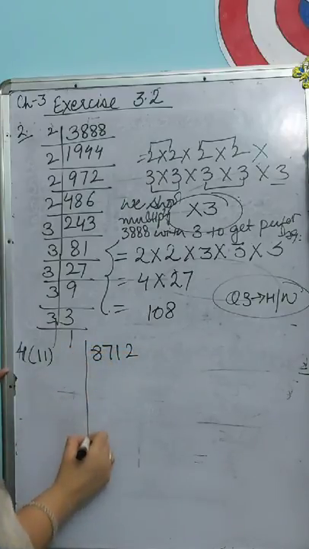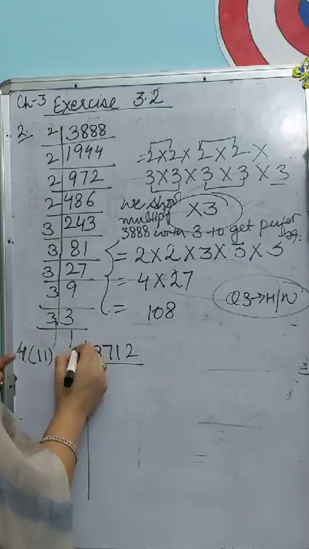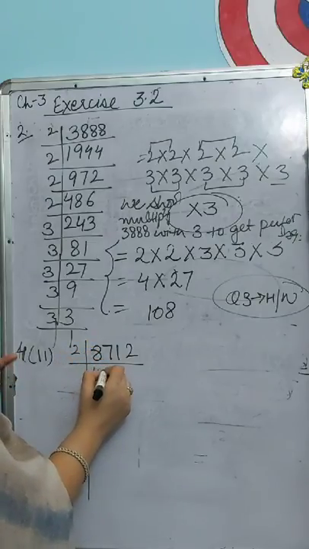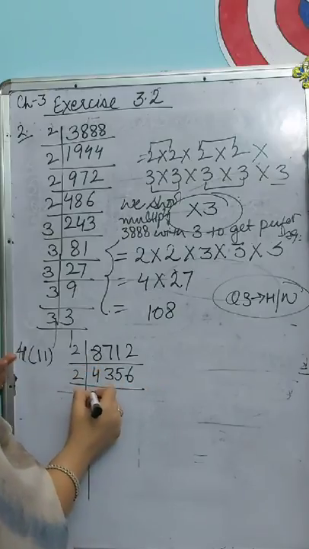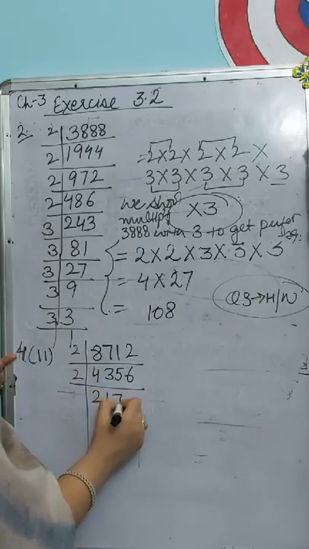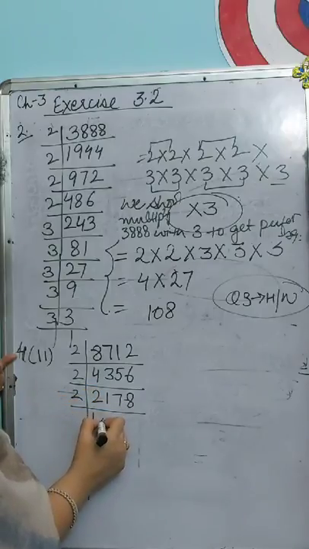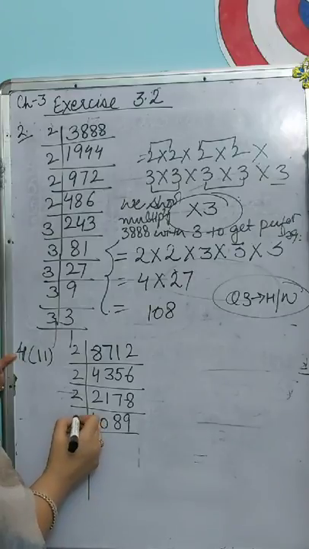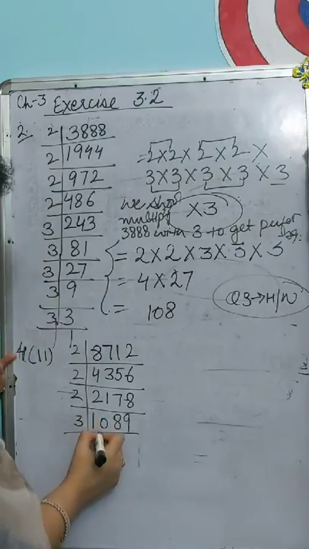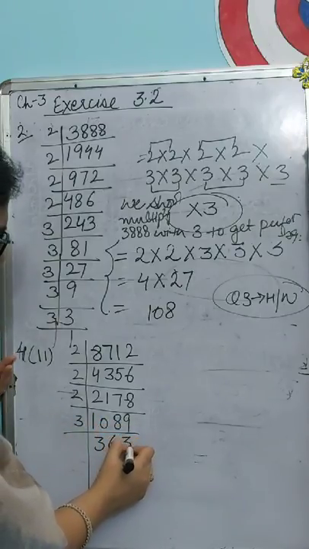The number is 8712. First the same prime factorization. Again 3 3s are 9, 3 6s are 18, 3 3s are 9.